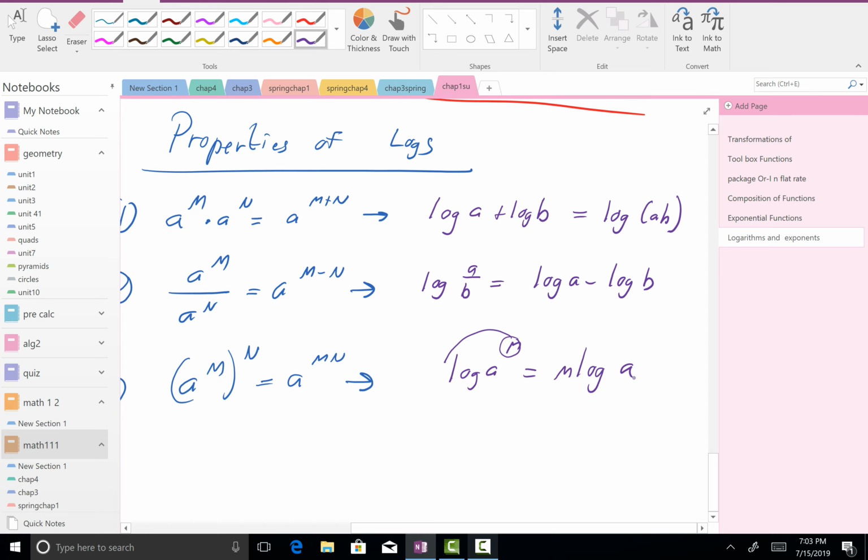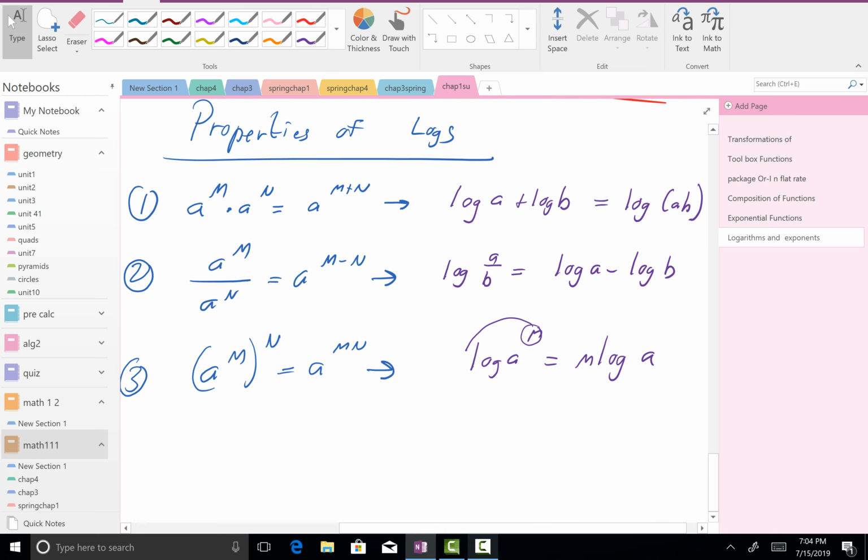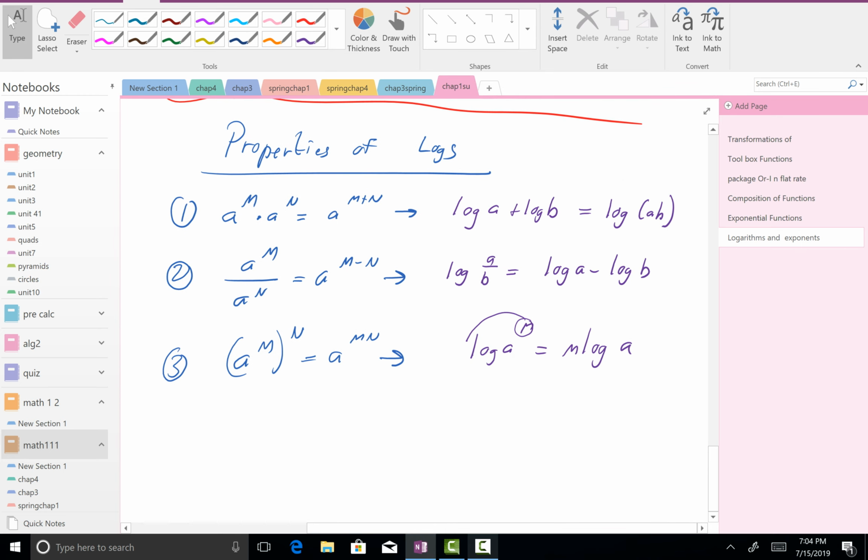So if you're taking something to a power in a logarithm, then that power comes out in front automatically. So there are your properties of logarithms, and they mention those on one of these pages here.